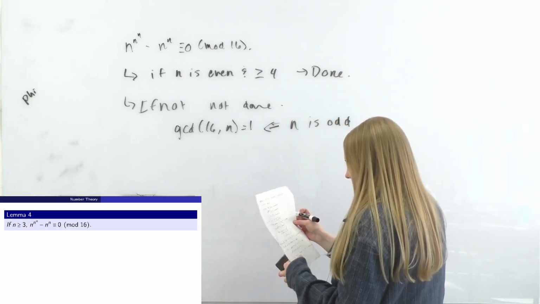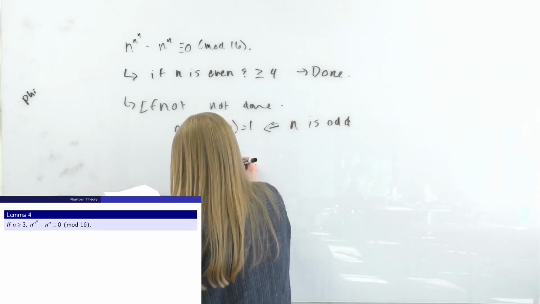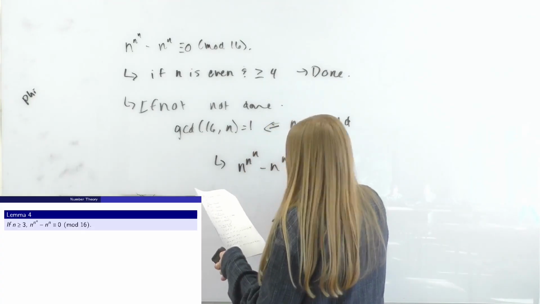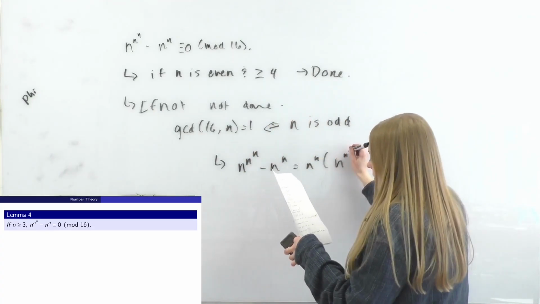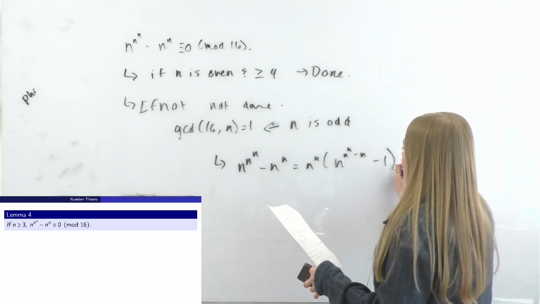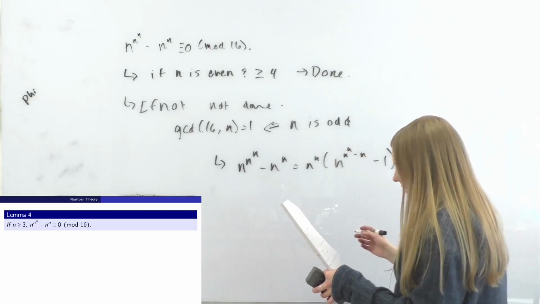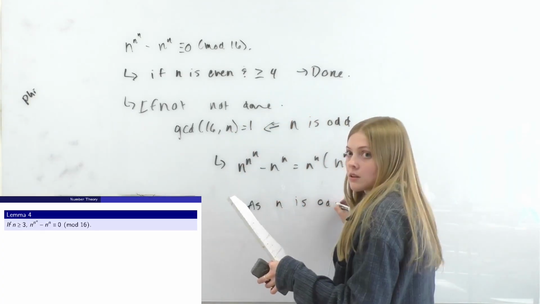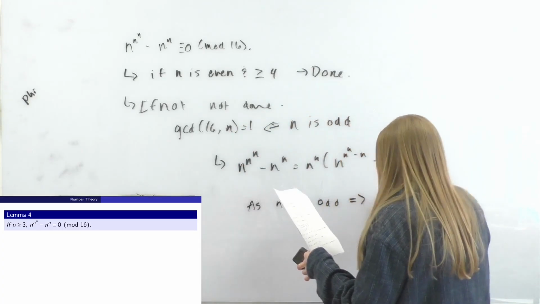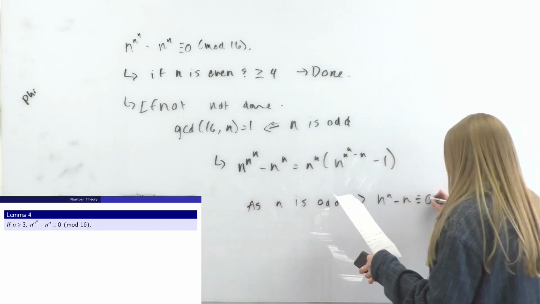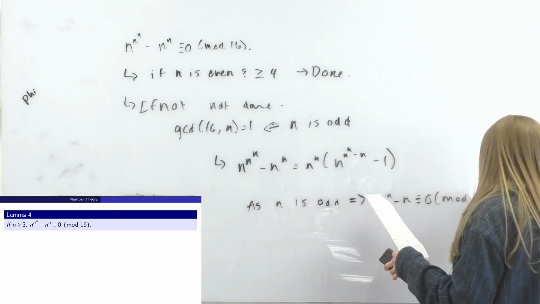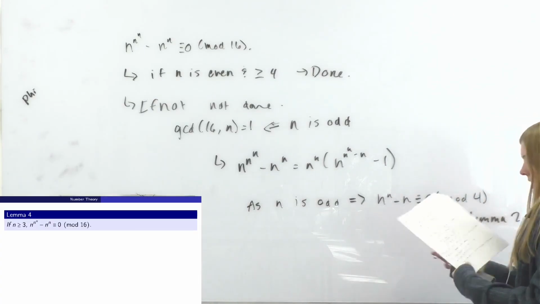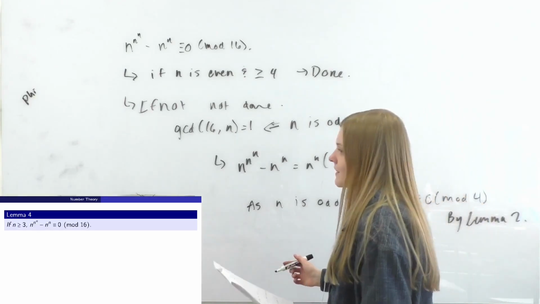Then we're going to note that n^(n^n) minus n^n is equal to n^n times (n^(n^n - n) minus 1). And as n is odd, we see that n^n minus n is congruent to 0 mod 4 by lemma 2.